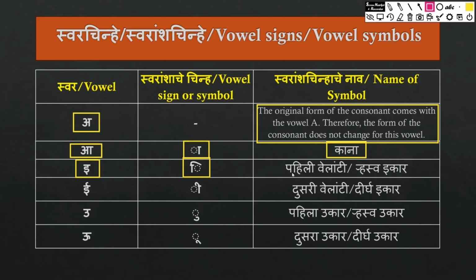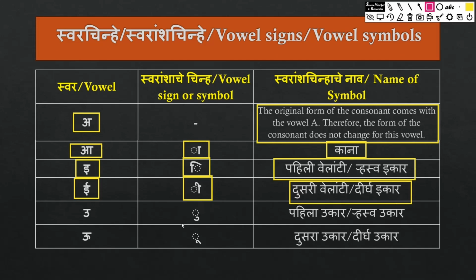Then the long sound, which is ee. The symbol is a standing line and a curve on top of it. So this is dusri velanti or dirgha ikar.